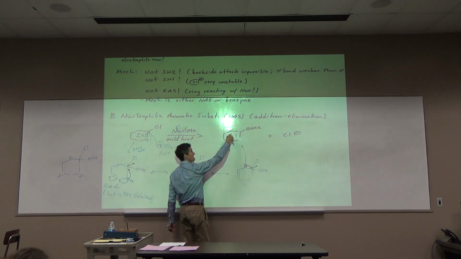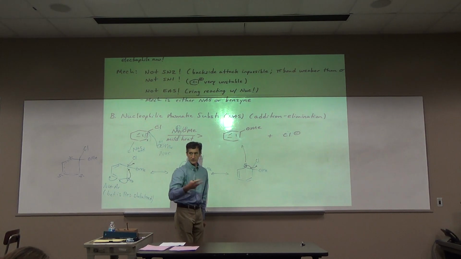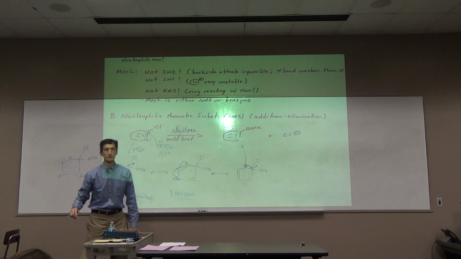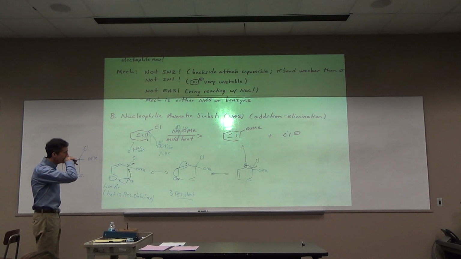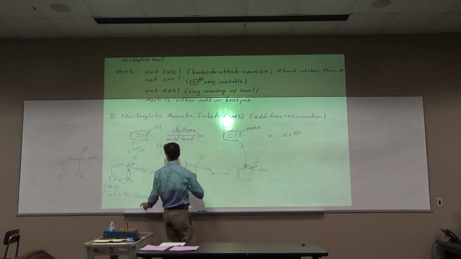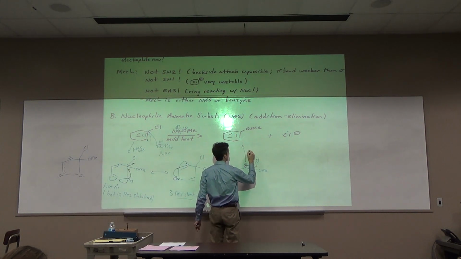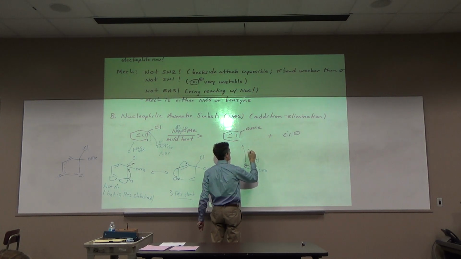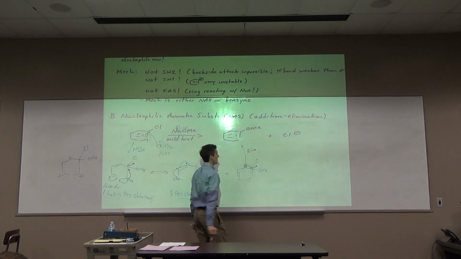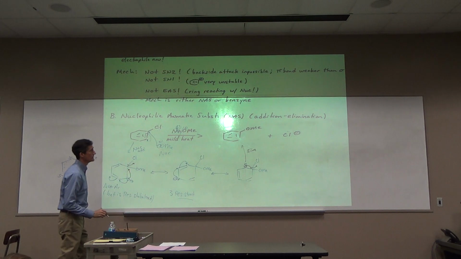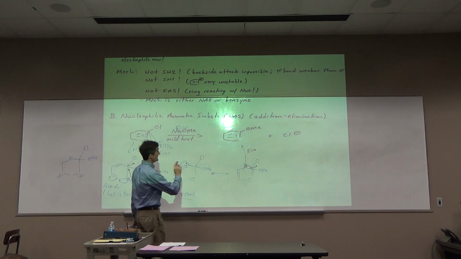Now the pi bonds may be moved in the ring. You can always move those. That's just another resonance structure of the pi bonds in the ring. Now what do you want to call this last step? The first one was nucleophilic addition. What do you want to call this? Elimination of the leaving group. That's why I call this an NAS mechanism.